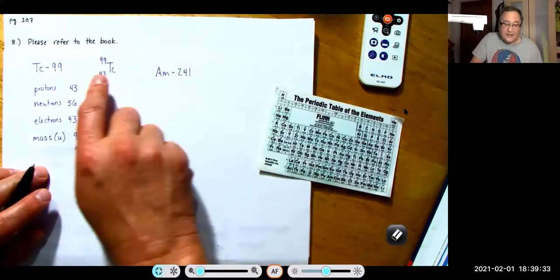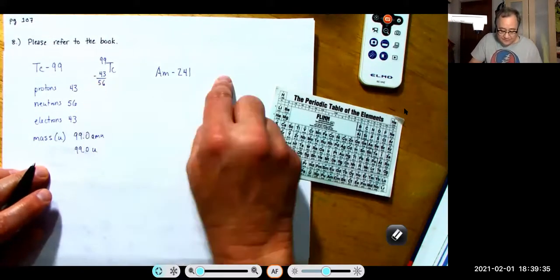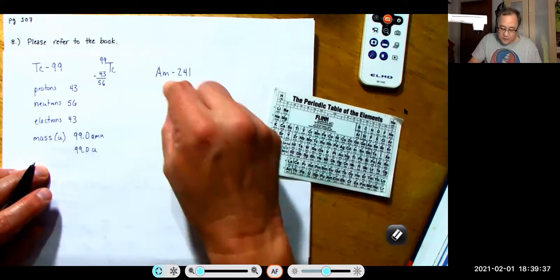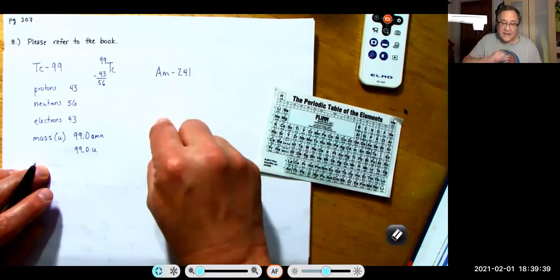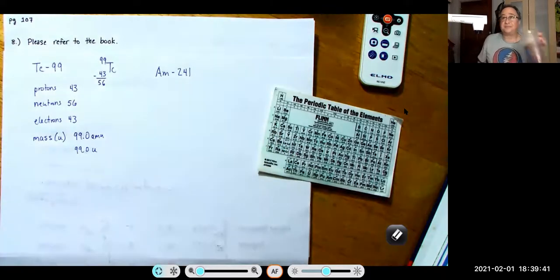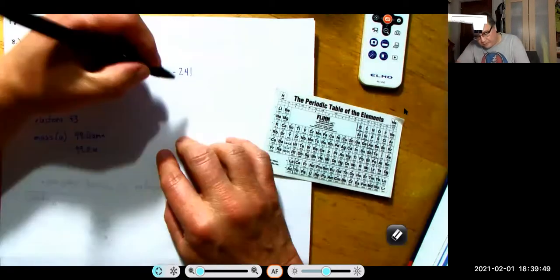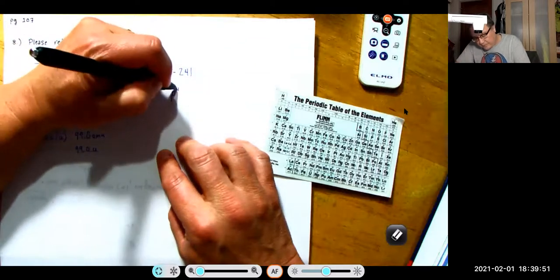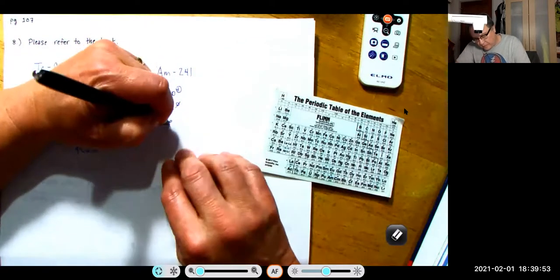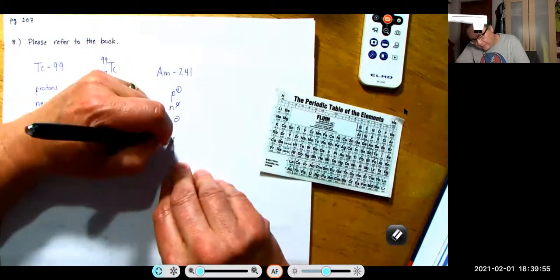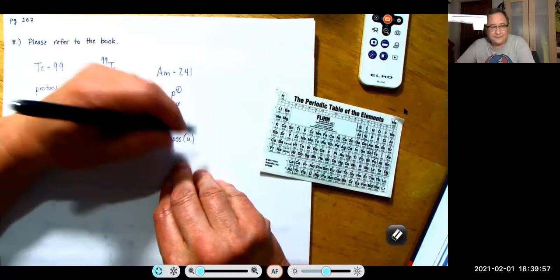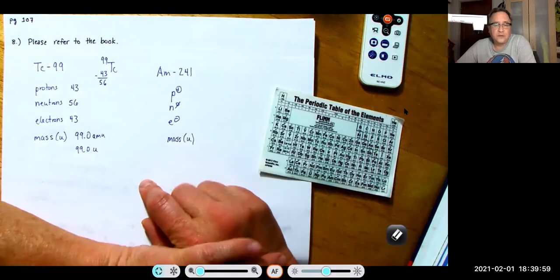I want you to write it in the standard way. I want you to tell me how many protons, neutrons, and electrons, and the mass. When you're done, just give me a thumbs up.